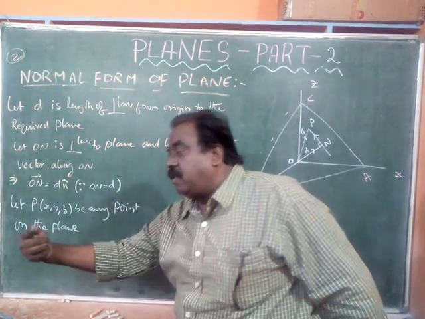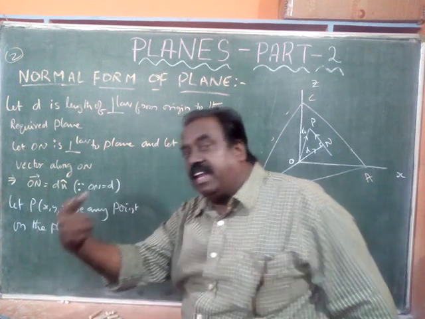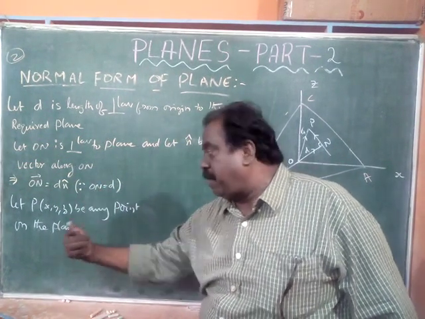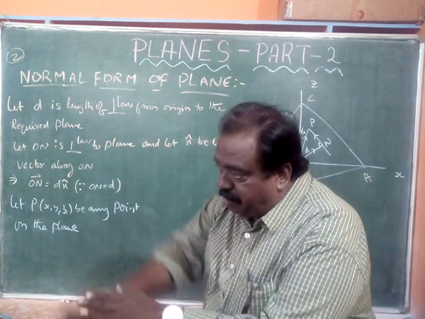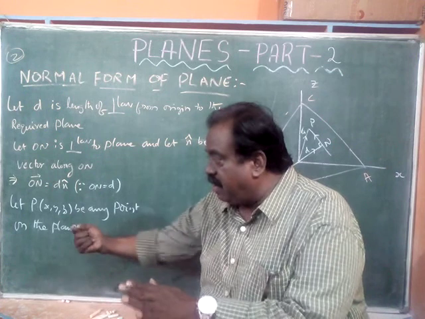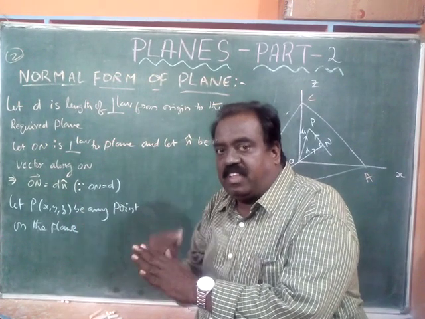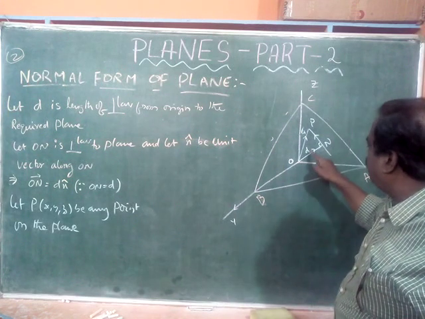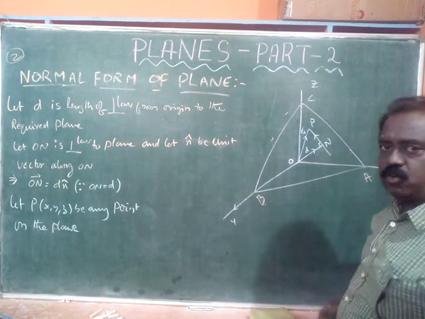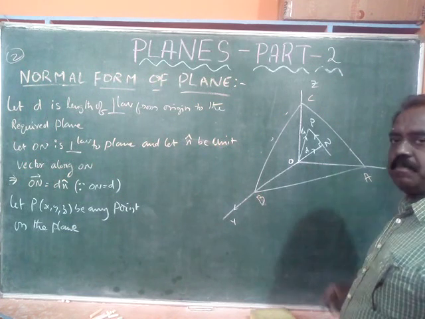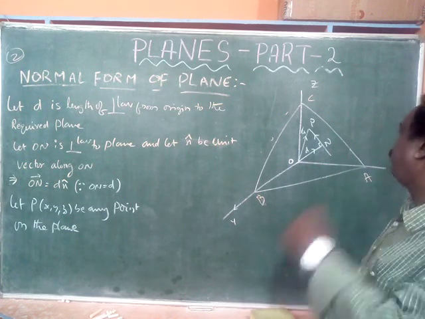From the origin to the plane, ON is a normal, a perpendicular to the plane. From the origin to the surface of the plane, if a perpendicular ON is there whose length is d units, I write here d units. You assume it is d units. The length of the normal ON is equal to d.